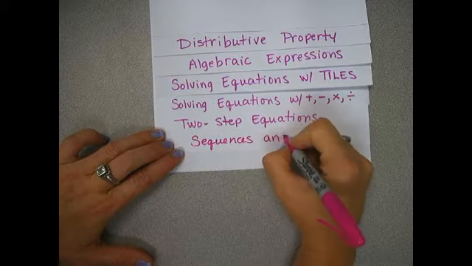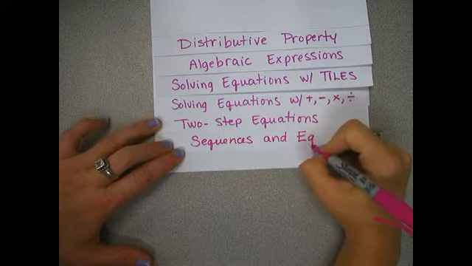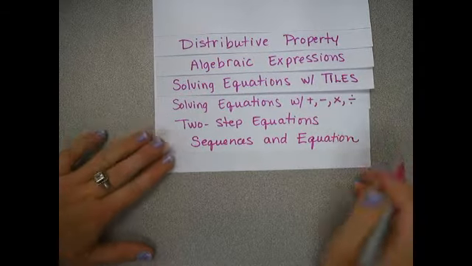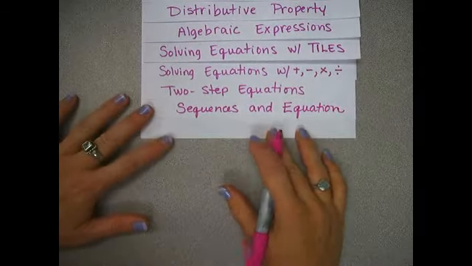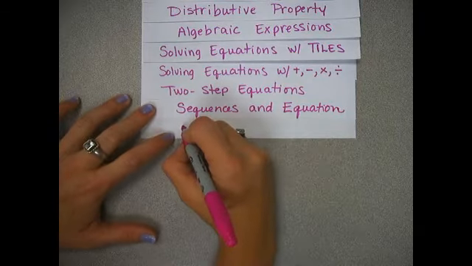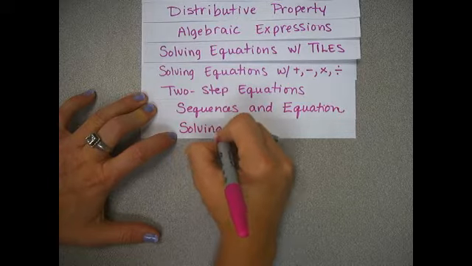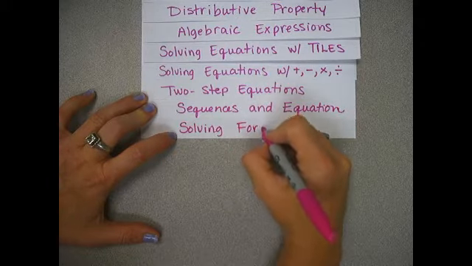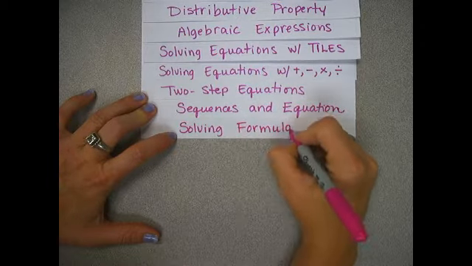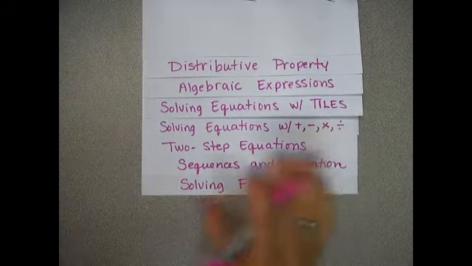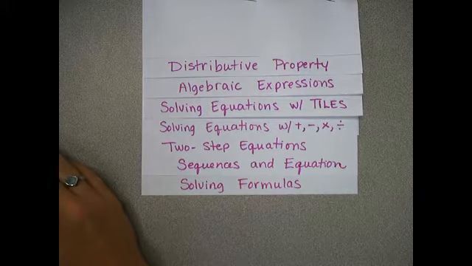The next one is we're going to learn how to put a sequence of numbers into an equation, how to write an equation that will model the pattern, so sequences and equations. And the final one is solving formulas. Okay, so that's kind of the overview.